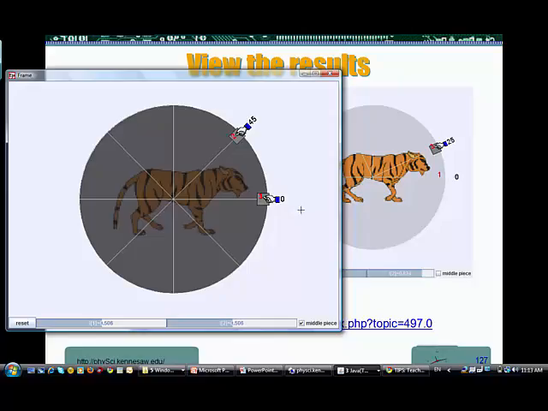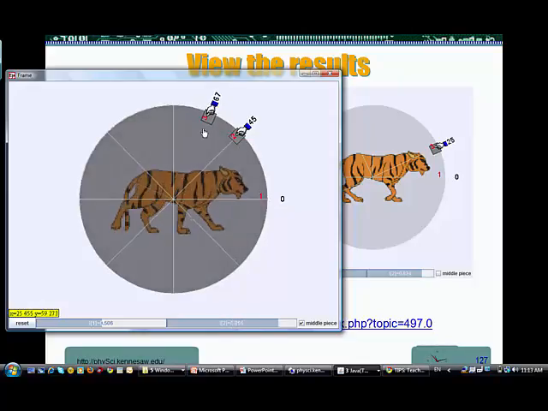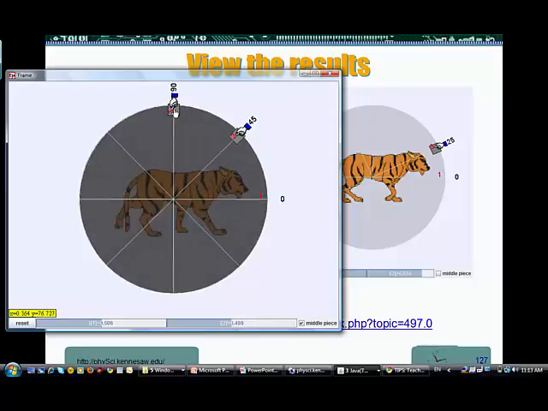Okay. Now, first polarizer is horizontal in this particular case. The middle one is at 45 degrees. And the last one is at 90 degrees, perpendicular to the first one. And we still see light.